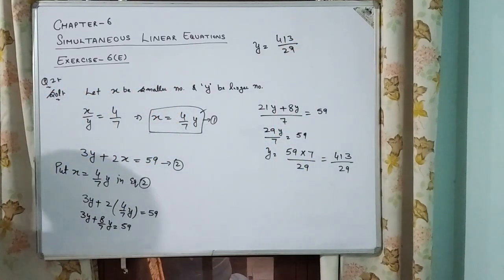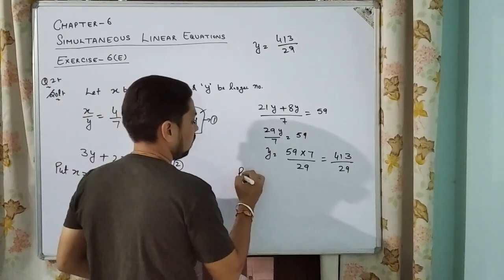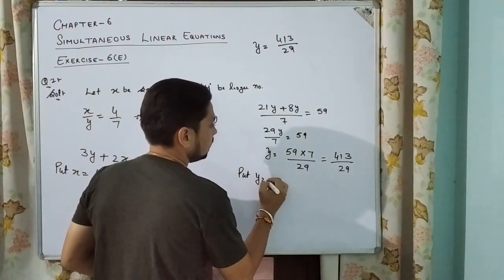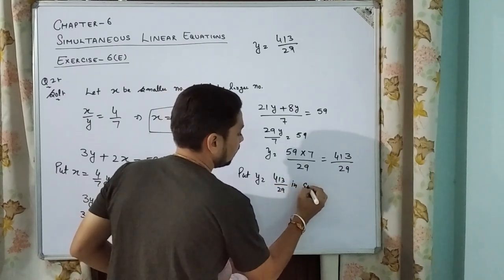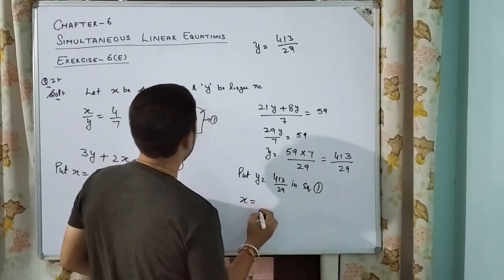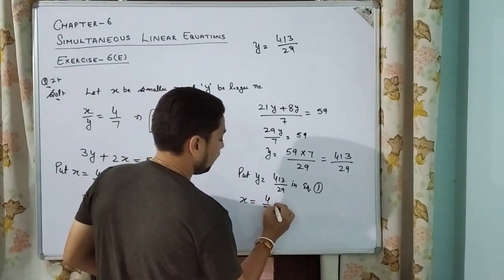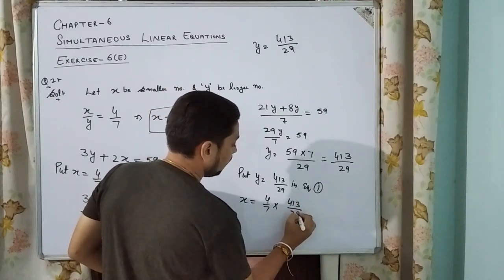Then next we have to find the value of x. Put y is equal to 413 upon 29 in equation 1 here. So what will be the value of x? X will be equal to 4 upon 7 into 413 upon 29.